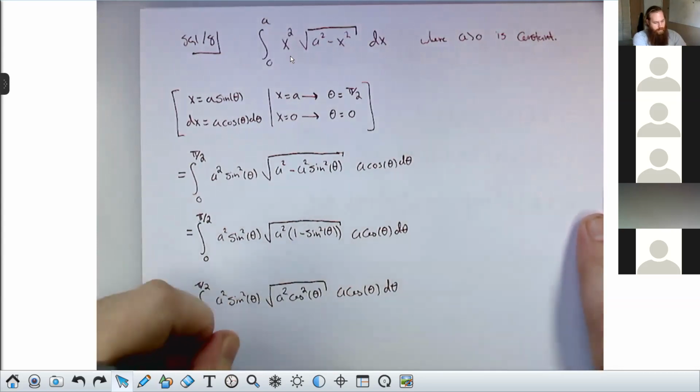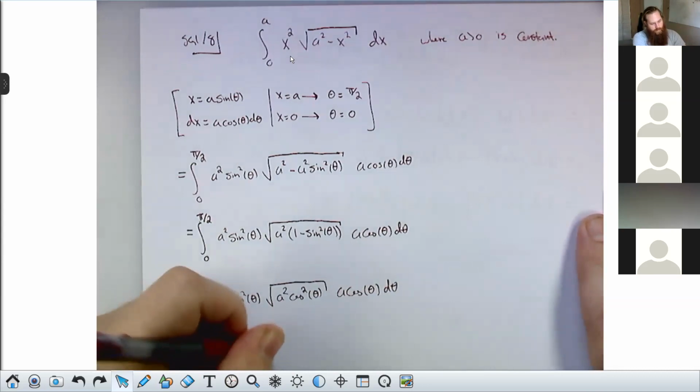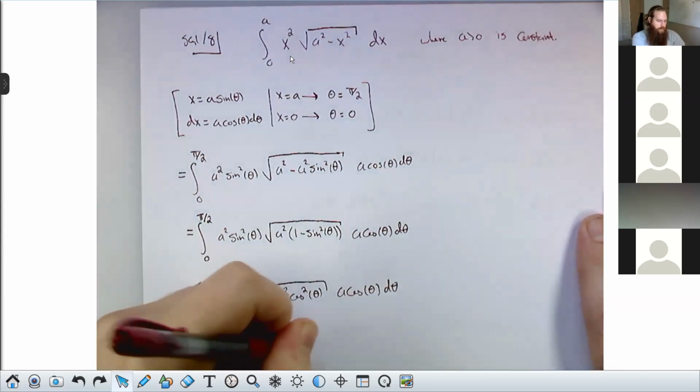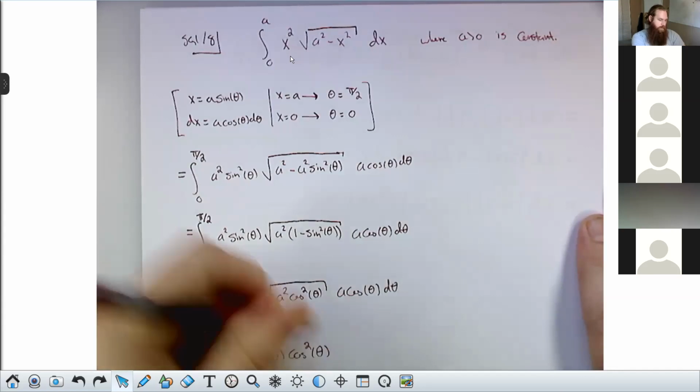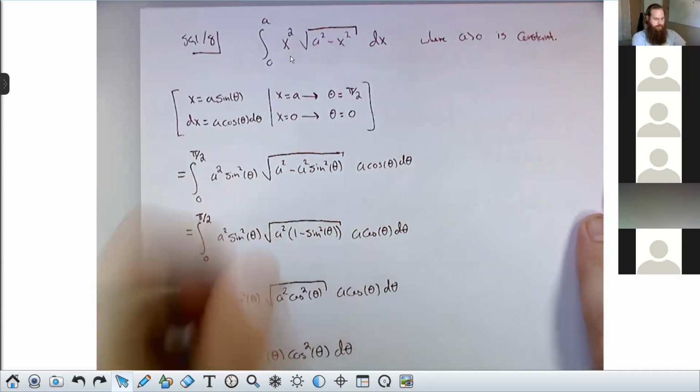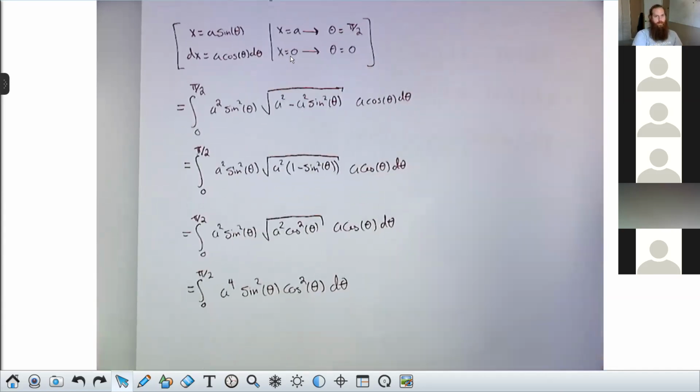So we get a to the 4 sine squared cos squared, like so.